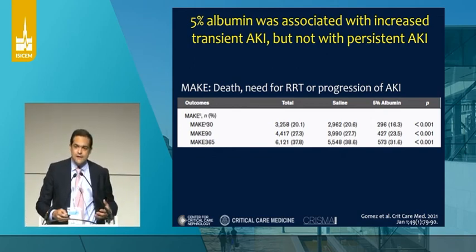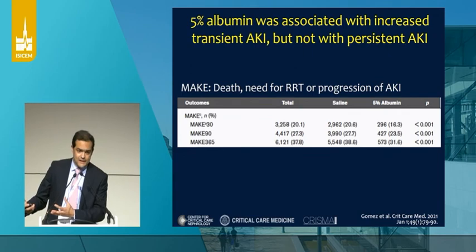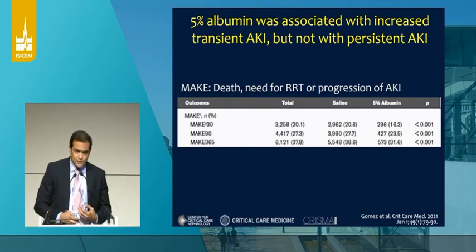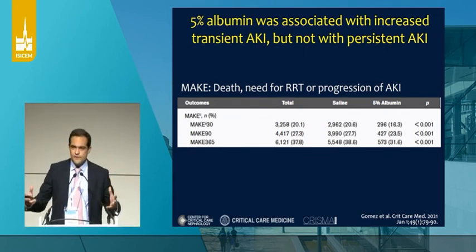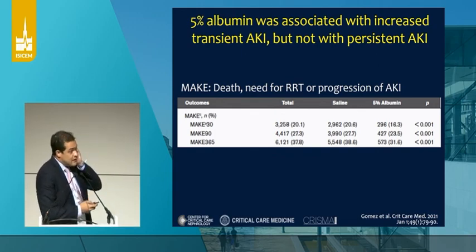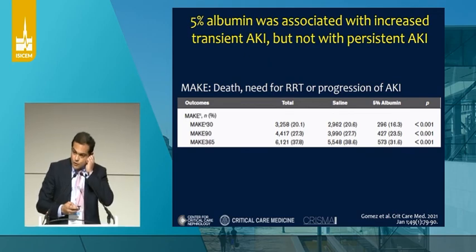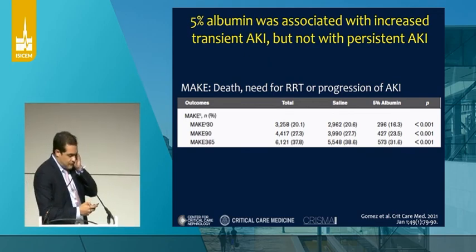And then we can reconcile the fact that we had a signal for AKI that was acute, and I cannot explain in reality why these patients look like that, of course, under the caveats of this being a retrospective analysis. But at least we can say that if it was transient AKI indeed, then there was no effect on mortality, and our results are congruent with what we would expect.